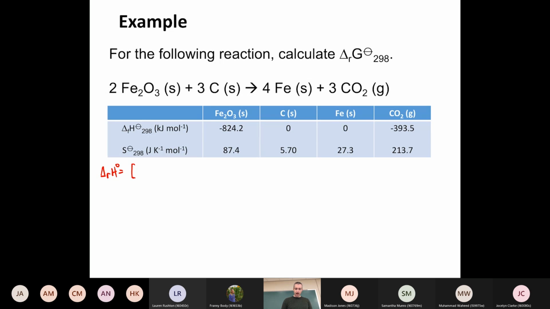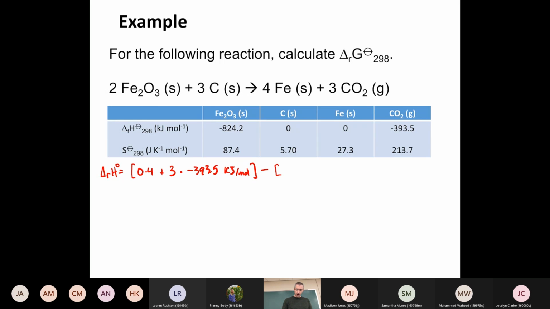The products, we see we have iron solid, which is a pure element in its standard state. It has a delta H of formation of 0. And I guess that's multiplied by 4. But 4 times 0 is still 0. Plus, we have CO2. We have 3 CO2s times negative 393.5. And that's in units of kilojoules per mole. Those are the products minus reactants.